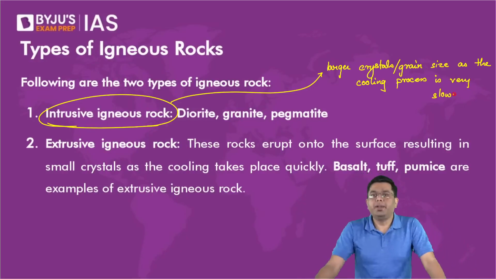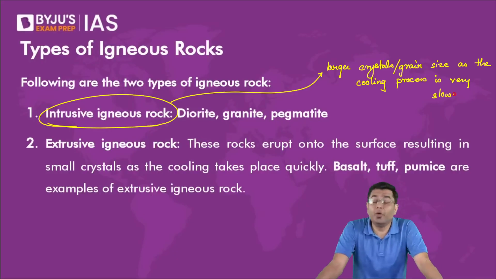Example, diorite, pegmatite, etc. Pegmatite is the ore from which you extract an important mineral, that is mica. Mica is extracted from pegmatite.